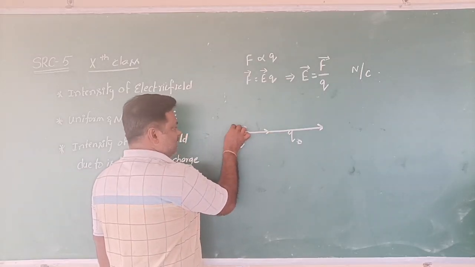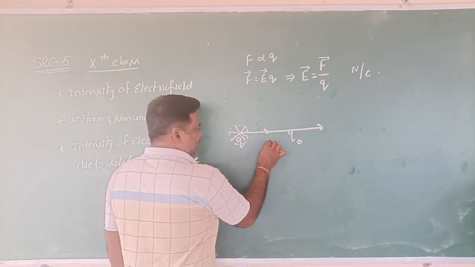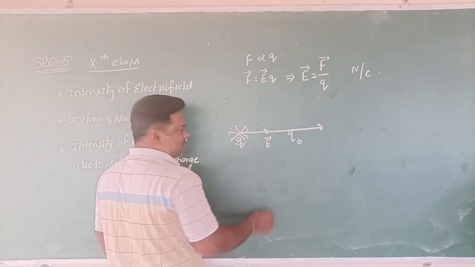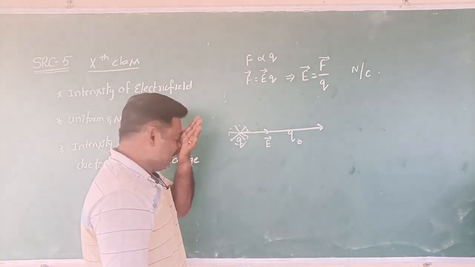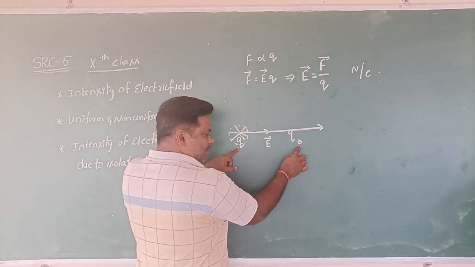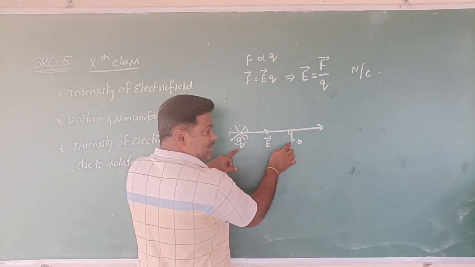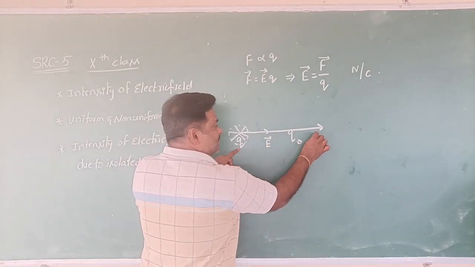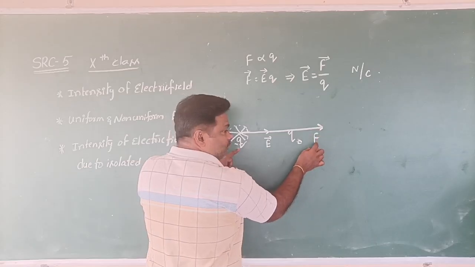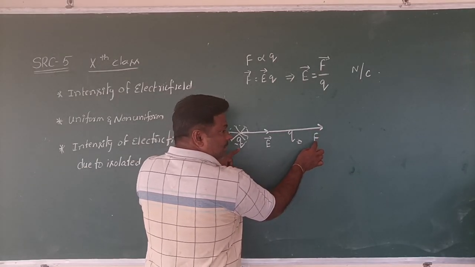This is the field. The direction of electric field is this one. How do you conclude this? Because these two are positive charges, they get repelled. The direction in which it is repelled, the direction of the repulsive force, is the direction of the electric field also.